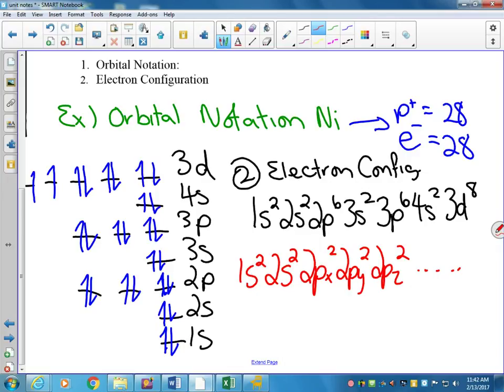Is this okay? Do you want to try another element? I want you to try, just on your own right now. Let's do sulfur. Can you write both the orbital notation, the first kind, and the electron configuration of sulfur?